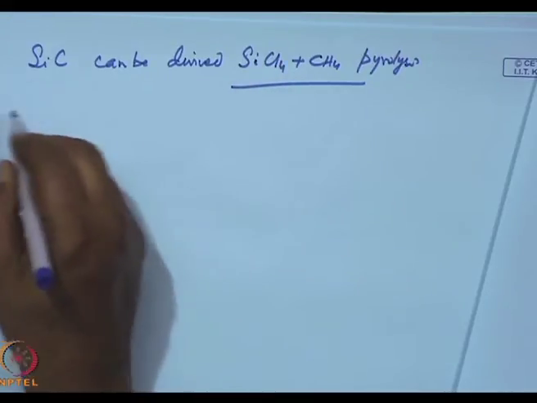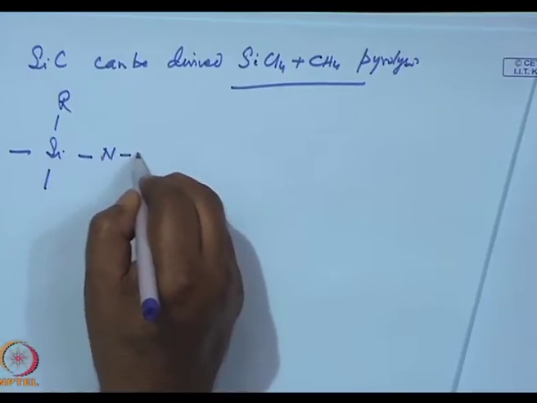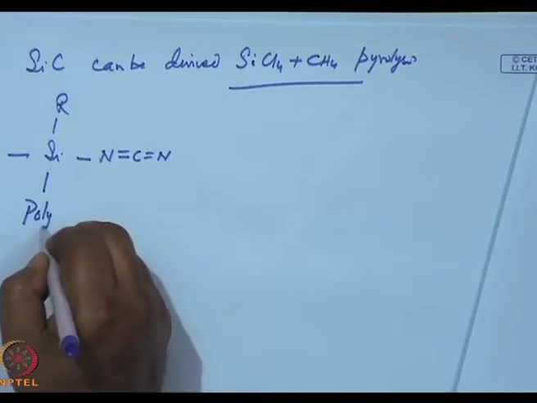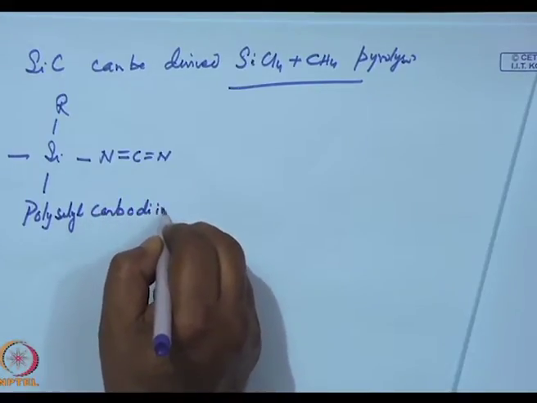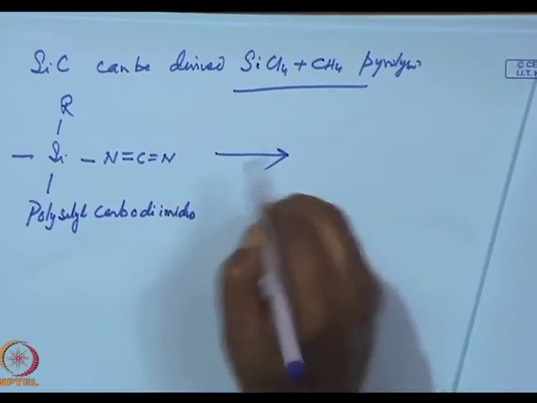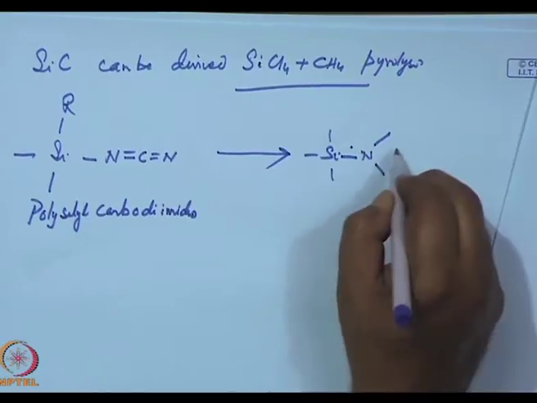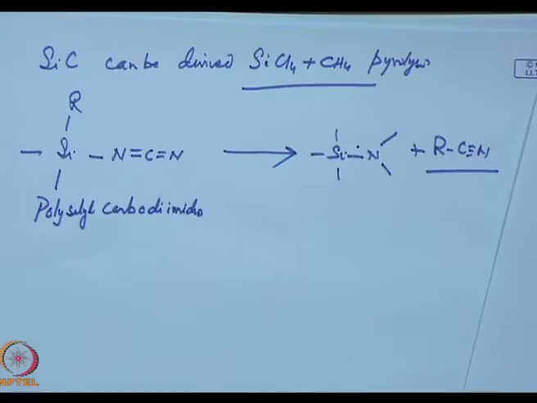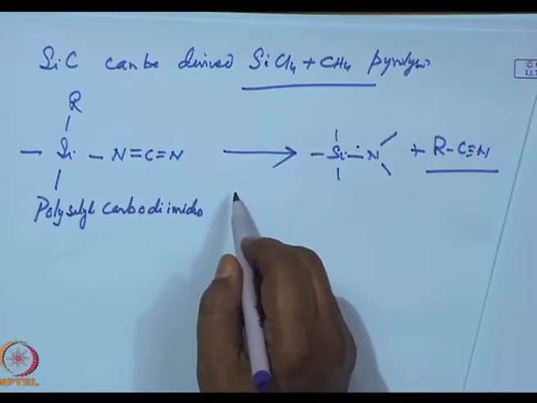Like, say, what we can do is we can have silicon, which on pyrolysis will give me, so we can get silicon nitride from polysilyl carbodiimide.